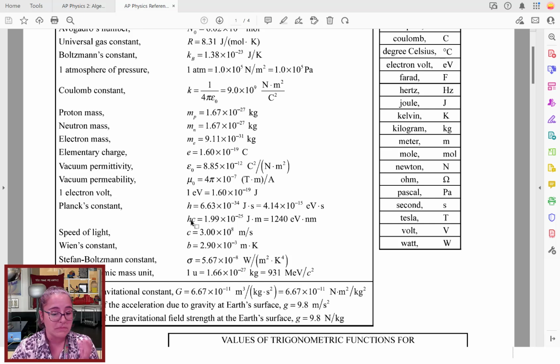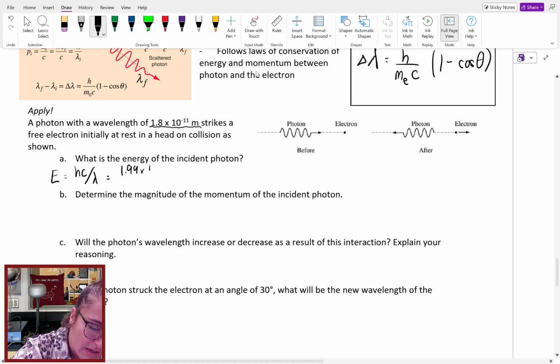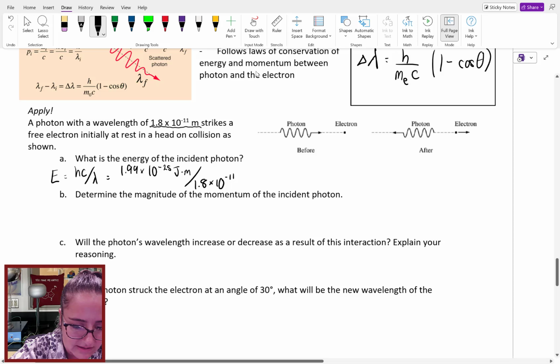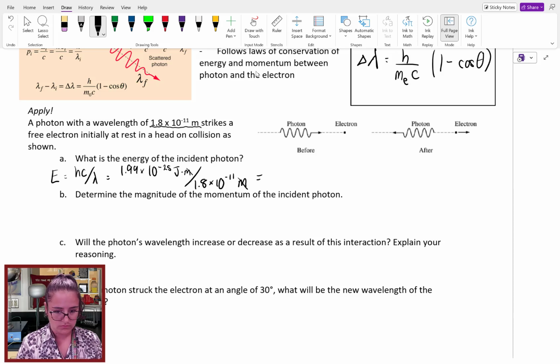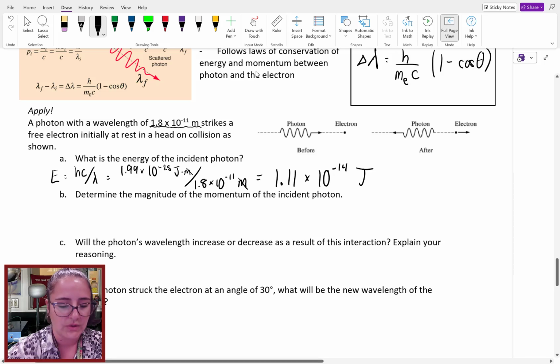We have our wavelength in meters, so we'll be using hc, 1.99 times 10 to the negative 25th joule meters, divided by that wavelength, 1.8 times 10 to the negative 11 meters, which gives us an energy of our photon of 1.11 times 10 to the negative 14 joules.